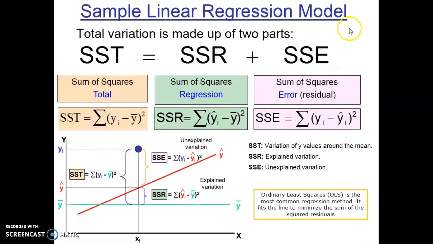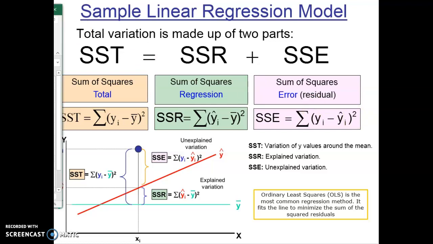And then the last part of our formula is the sum of squared errors, or sum of squared residual. For that, we're going to take our actual y value, our home price, but we're going to find out how far it lies not from the average, but from the predicted value. Square that, and then sum up all of those numbers.